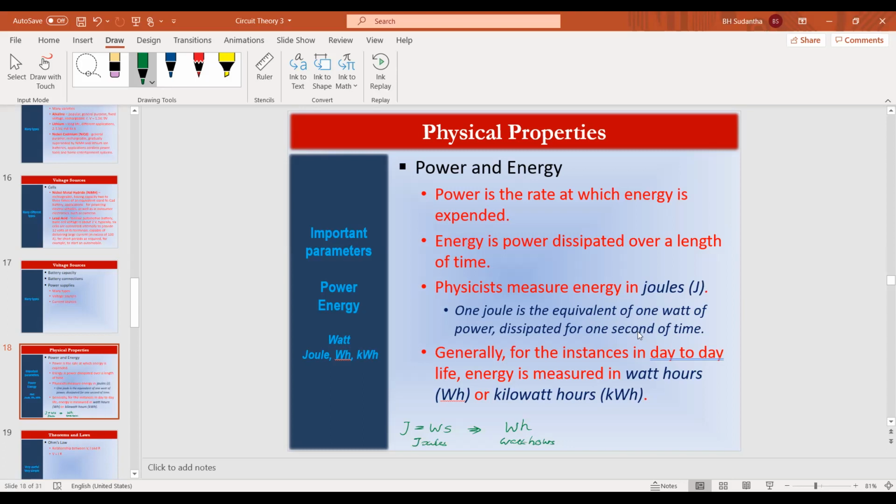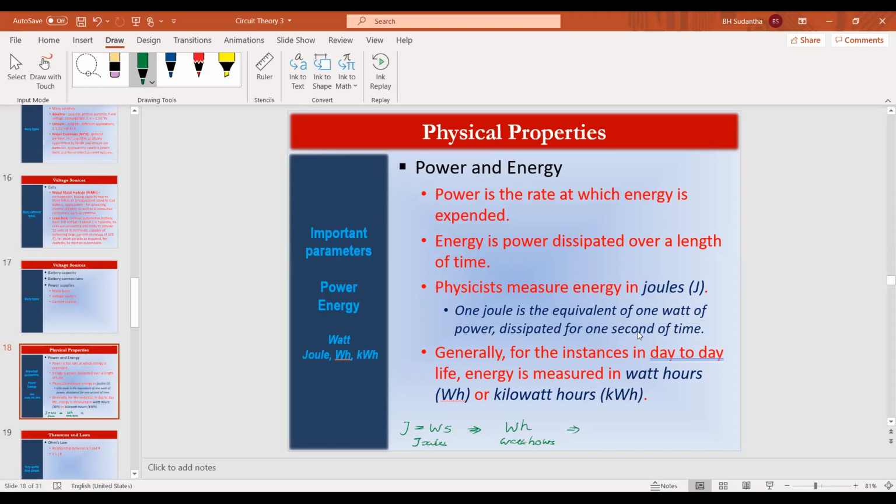Okay. The simple meaning is that we are converting these seconds into hours. So we can divide this one by 60, then it will be minutes. Then after dividing it by 60, it may be hours. Then we can convert this figure into watt hours. But sometimes this figure also may be a huge figure. Then we can convert this watts into kilowatts.